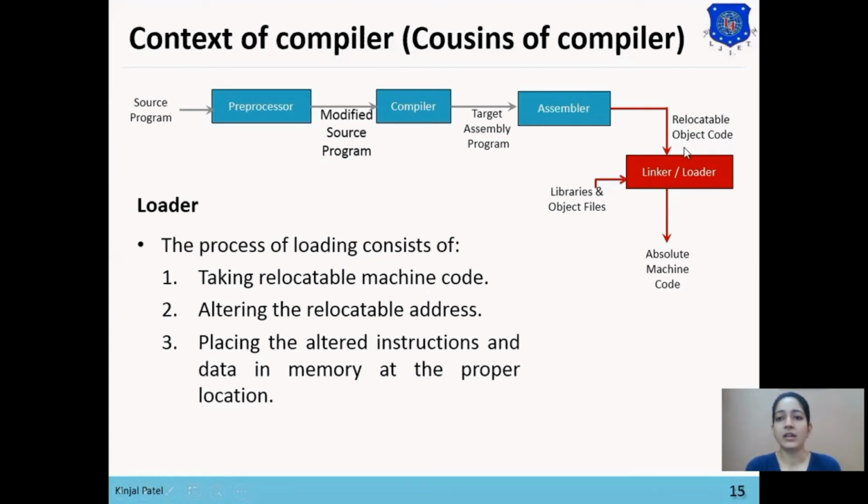So the linker will convert the different files into a single program, and then it passes the single program to the loader, and the loader will perform the following functions and convert the relocatable code into absolute machine code. Preprocessor, assembler, linker, and loader are also called the cousins of the compiler.